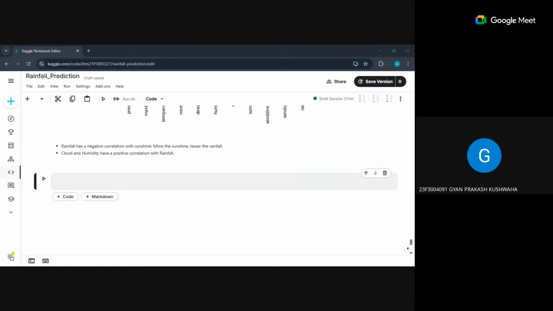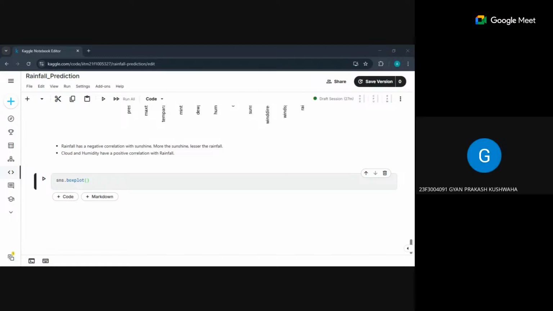plt dot, or sns dot boxplot, and then... Okay. So will this work for each feature? What are the parameters?